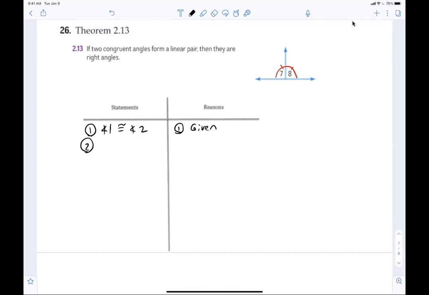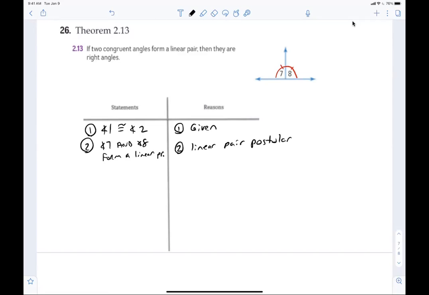All right, now say it again. Angle 7 and angle 8 form a linear pair. And that's why? Linear pair postulate. Yeah, postulate, linear pair postulate. Okay.